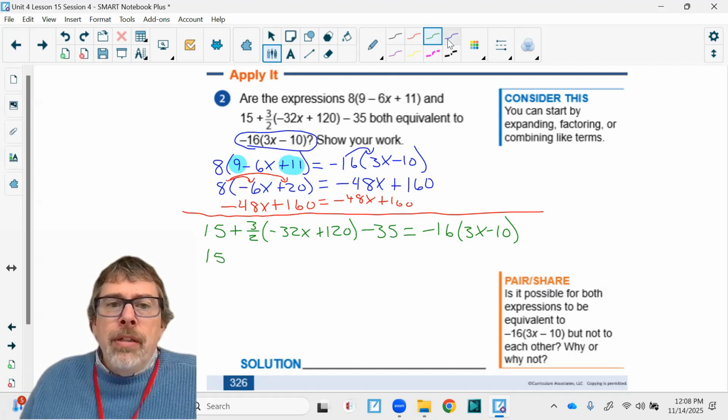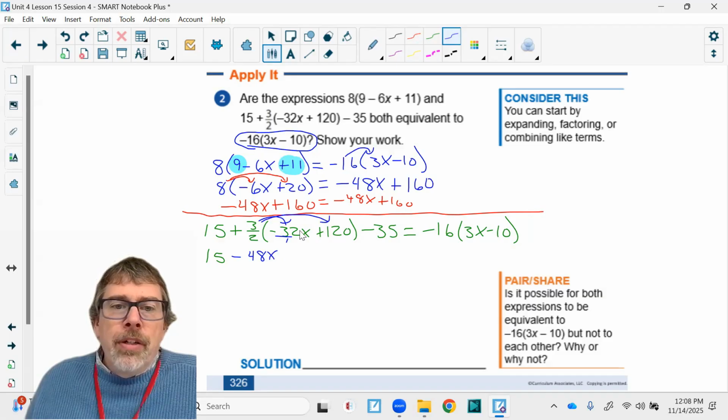I'm distributing 3 halves times 32. So whenever you think of this as over 1, 32 divided by 2 is 16. 16 times 3 is 48, and a positive times a negative is negative. So it's negative 48x. Same with over here. 120 divided by 2 is 60. 60 times 3 is 180. Positive times a positive is positive. I get 180.